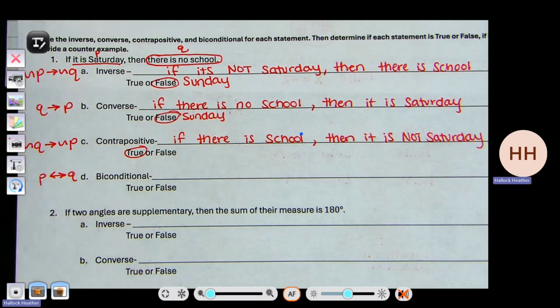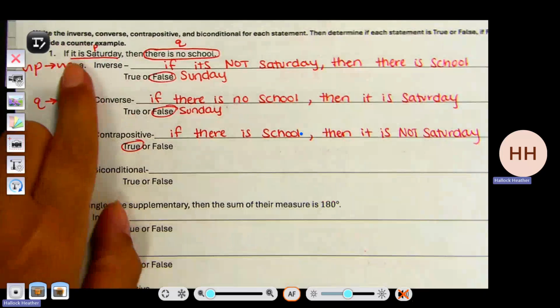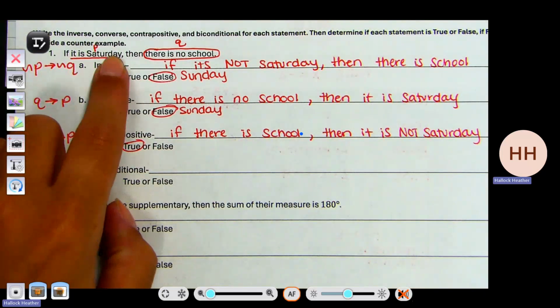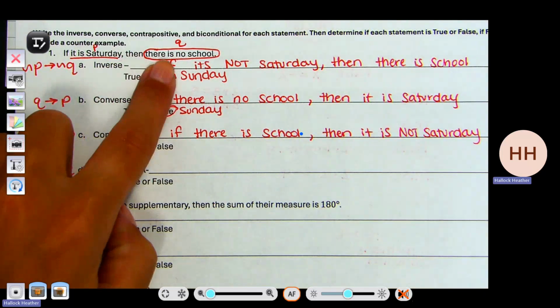Okay, biconditional. So biconditional, you have to drop the if and the then, and all you do is stick if and only if right in the center. So we're gonna drop the if part. We're gonna say it is Saturday, if and only if there is no school.